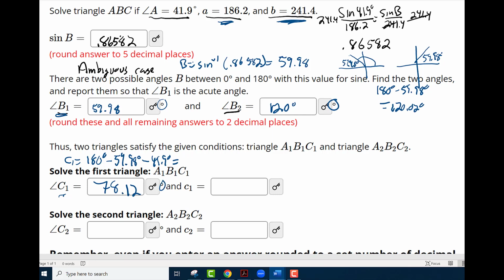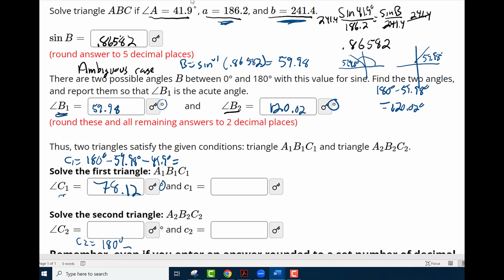And while I'm at it, I'll find my C2. That's the other potential value for C, given the other triangle. So again, 180 degrees.